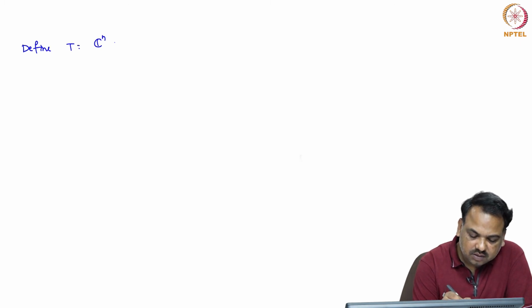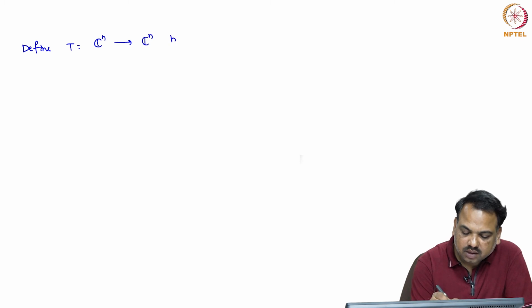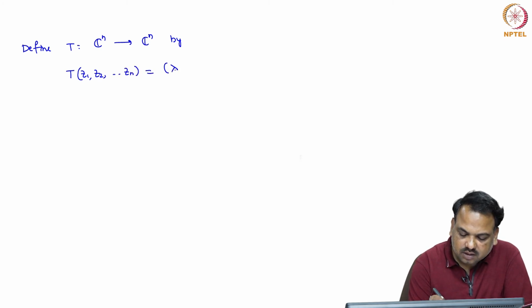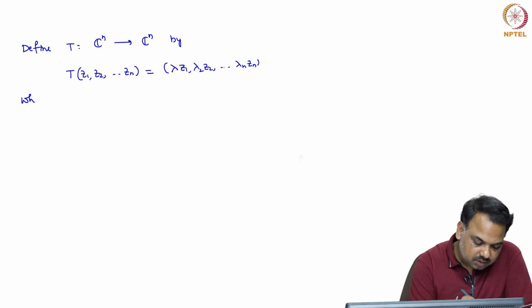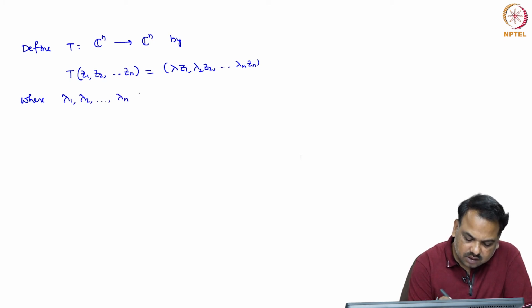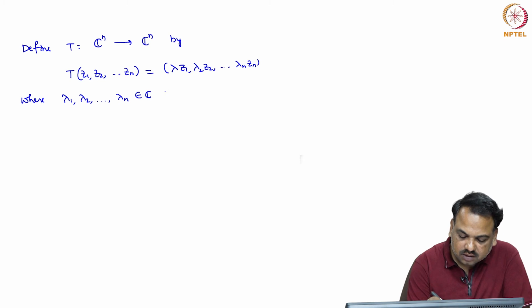Let us define T from Cn to Cn by T of (z1, z2, so on zn) is (lambda 1 z1, lambda 2 z2, so on lambda n zn), where lambda 1, lambda 2, so on lambda n are fixed quantities.